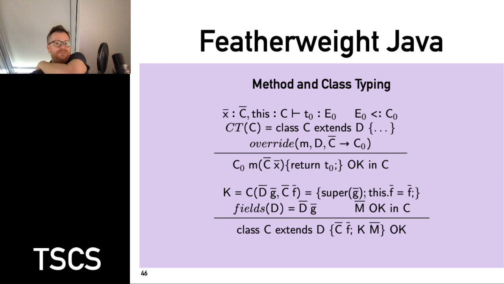This is method typing. And this defines a method as being typed okay in C if we have either an overriding or we have a new definition, and the classes in the class table are related as such, and under the assumption that x is typed as C vector and this is typed as C, T0 must be of type E0, and E0 is a subtype of C0.